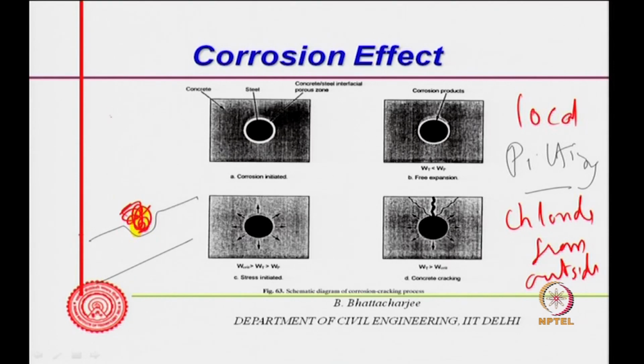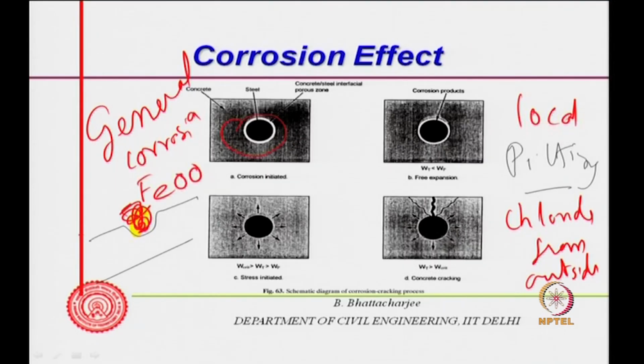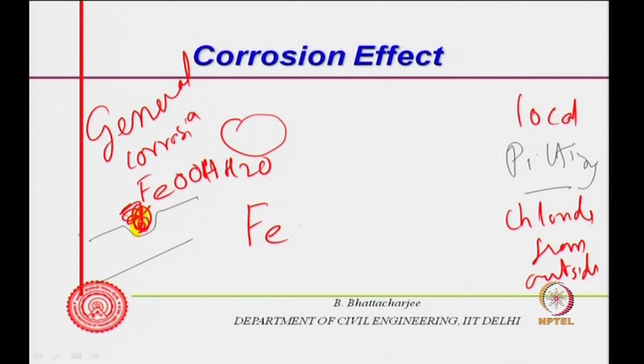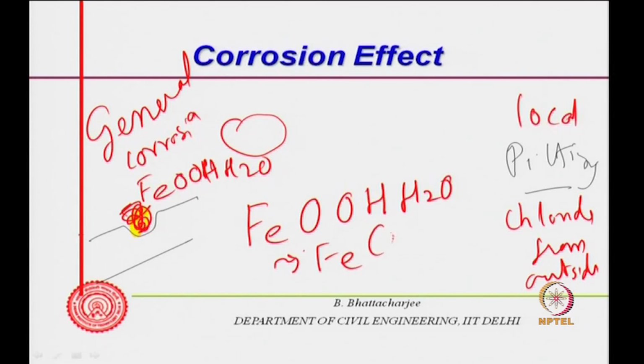But in other cases, general corrosion. In general corrosion, mass loss is not very high, but what happens is there is a material, the corrosion product, particularly red rust, FeOOH.H2O, let me write it here again, FeOOH.H2O, in other words, which you can write as Fe(OH)3, is red rust.